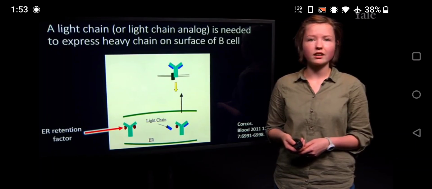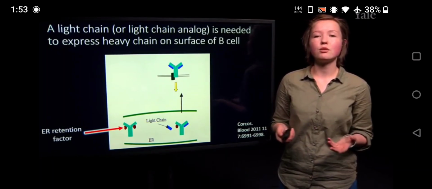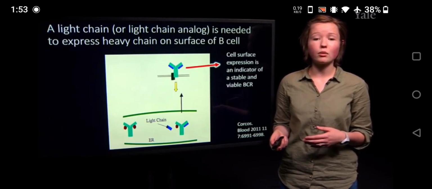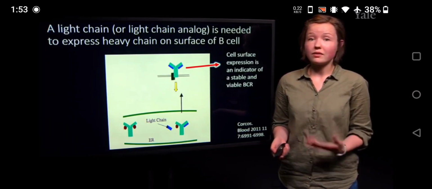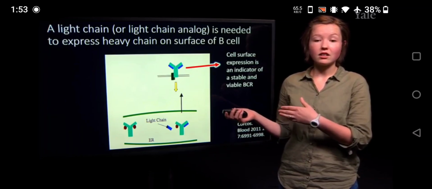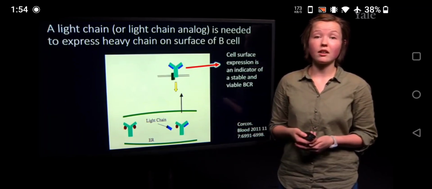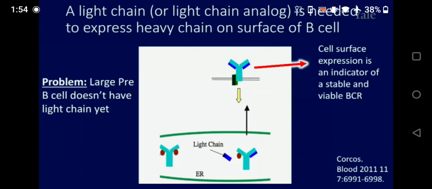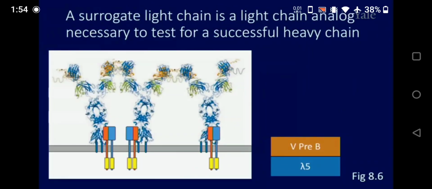Now, as many of you may have realized, at this particular point in B cell development we do not actually have a light chain that can allow for cell surface expression of a viable BCR, because light chain rearrangement hasn't occurred yet. So how do we overcome this problem of not yet having the light chain part of the receptor?